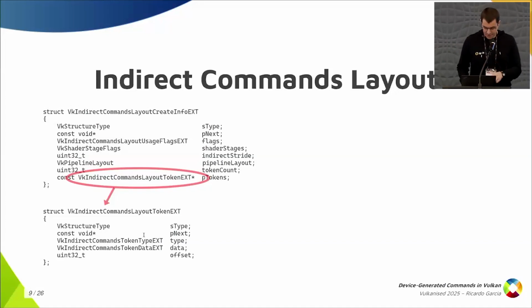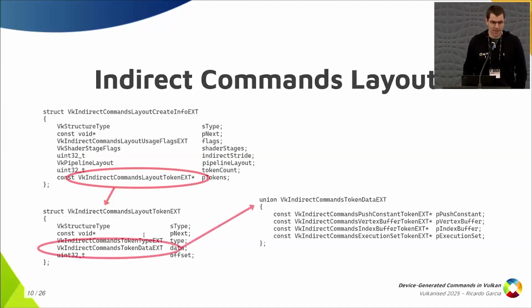And then there's also the token data, which allows you to pass the information that I was painting in green in other slides, like information to be able to run the command with some extra parameters. Only a few tokens, a few commands need that. Depending on the command that it is, you have to fill one of the pointers in the union. But most commands don't need this kind of information. Knowing which command it is, you just know you are going to find some fixed data in the buffer, and you just read that and process that.